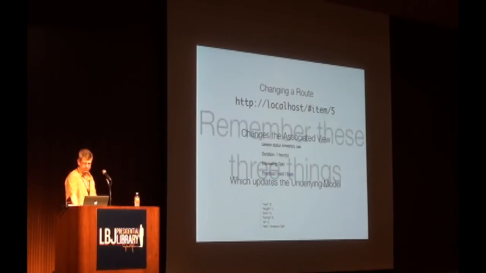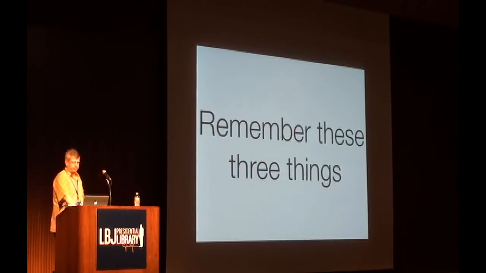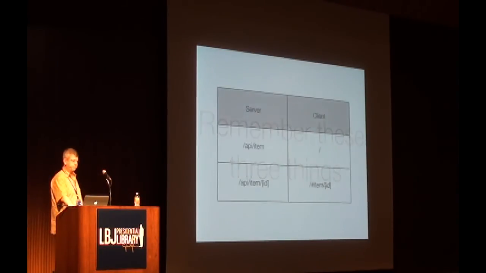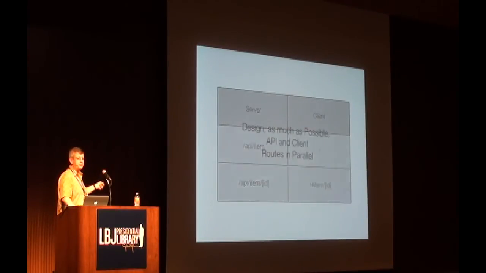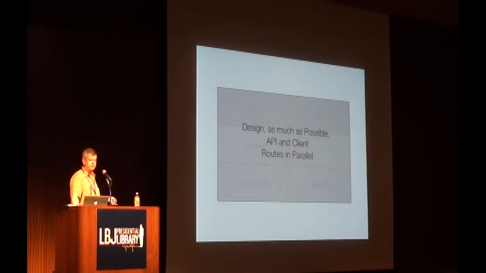So in the limited amount of time that we have, I just want you to remember 3 things from this before you go off and start playing with the code and start extending off of it. First, when you're designing these single page applications, what you want to do is design, as much as possible, the API and client routes in parallel. There's a set of cases where you don't want to do that.